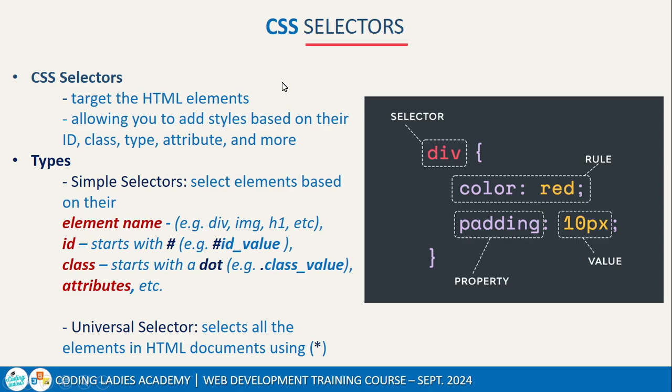When you are selecting using the class, you start with a dot, then the class value or the attribute value will follow. You can also select by attribute. We also have the universal selector, for which we use an asterisk. This one will select every element in the HTML document. So please take note of that.